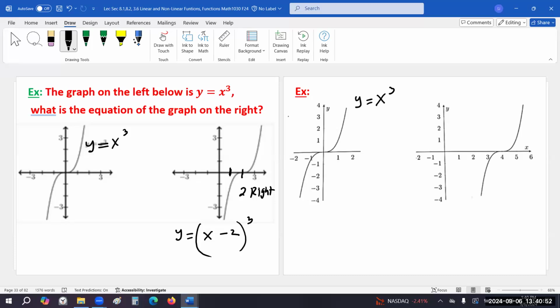They give us a point here actually at 4. 4 right. 4 right. Y equals x minus 4 and then the cube. So cube is the original function. Since we are going 4 right, means minus 4, but it has to be inside. It cannot be outside.